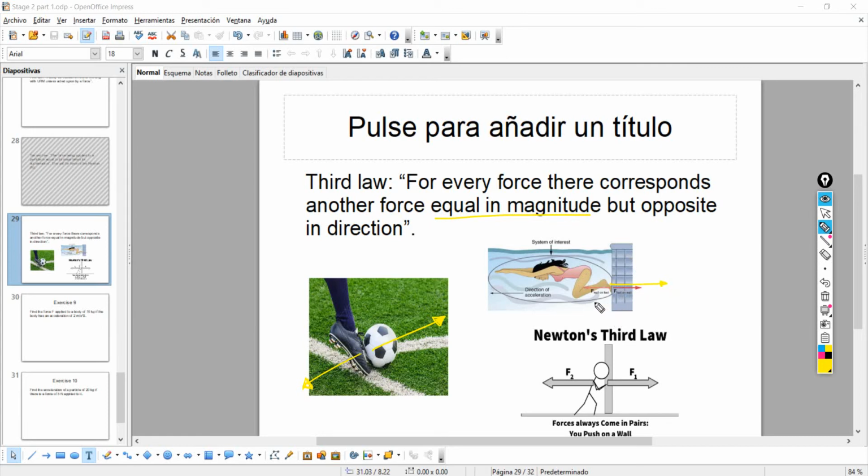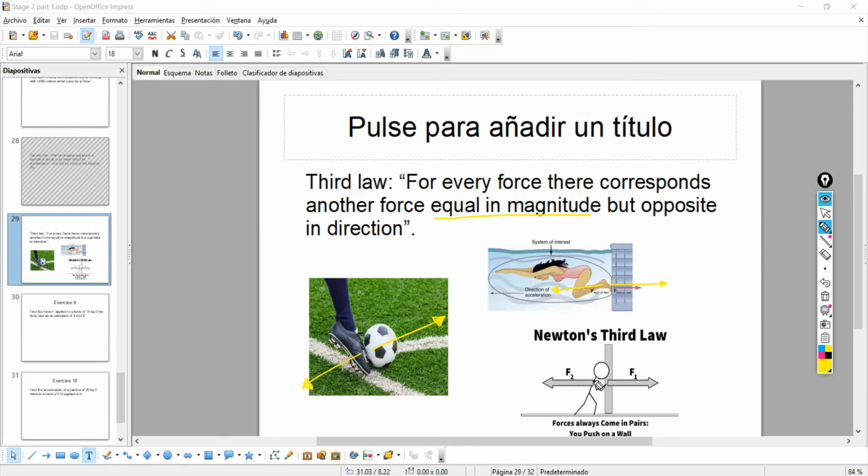And due to the third law of motion, the wall also applies a force on her in this other direction, and that's why she can move faster by doing this motion. By her applying a force on the wall, the wall applies a force on her, and therefore she's going to accelerate towards the left.